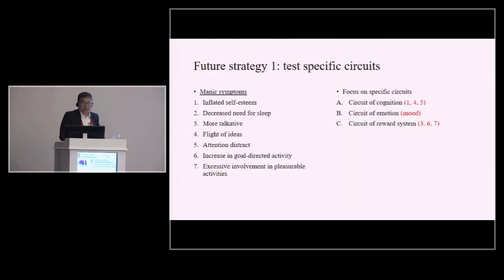Yeah, so for the future strategy, I would propose three. The first one is that maybe we should have an even more specific aim. As we know, to diagnose a manic episode, we should find at least 3 of the 7 items. But if you compare the 7 items, you can see on the right side they belong to different groups.